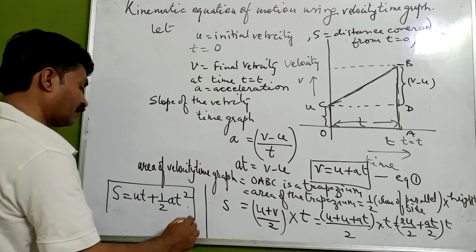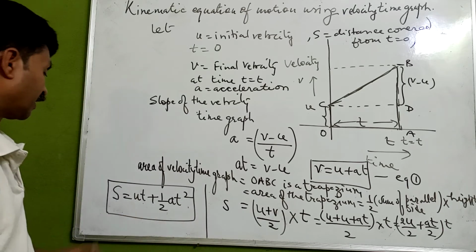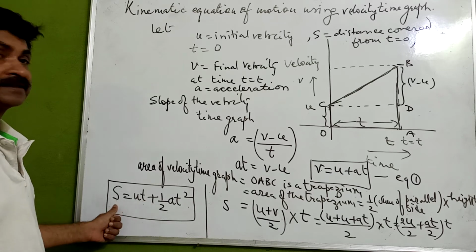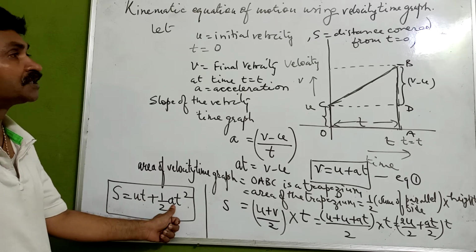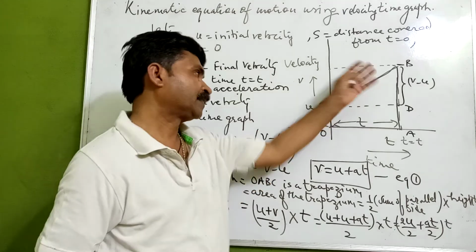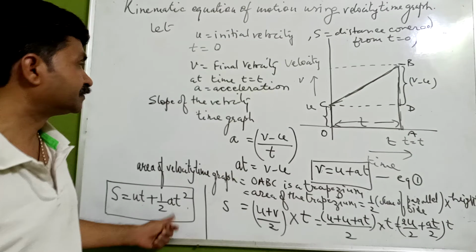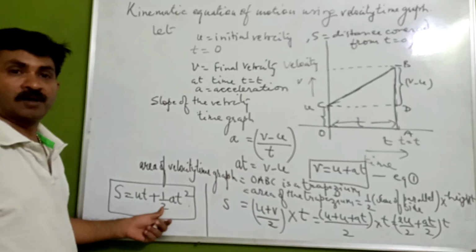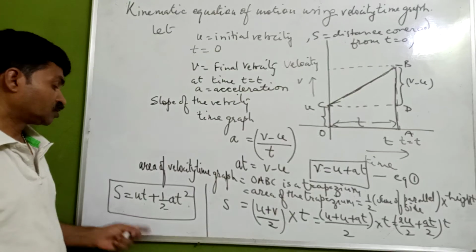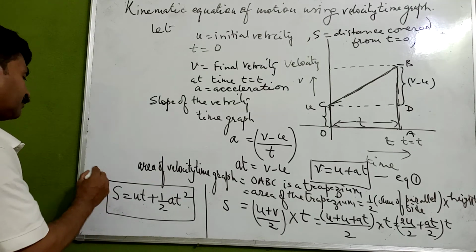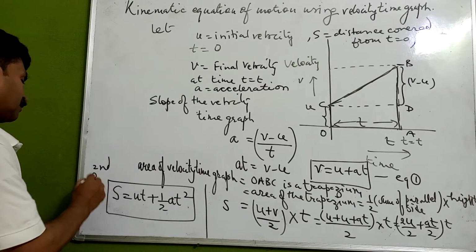So here we have a relationship between initial velocity, time taken, distance covered and the acceleration taken by the object. Finally we come to the second equation of motion.